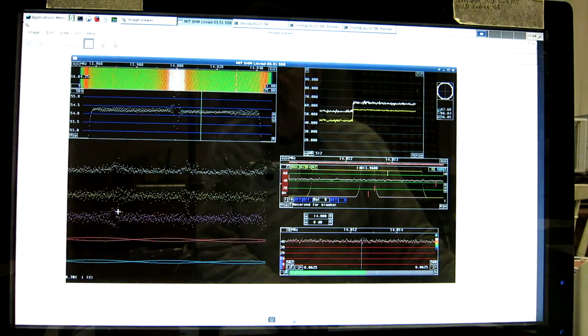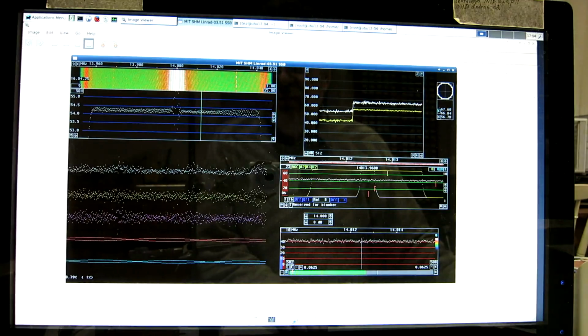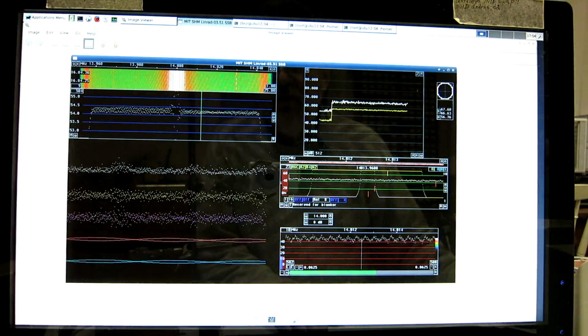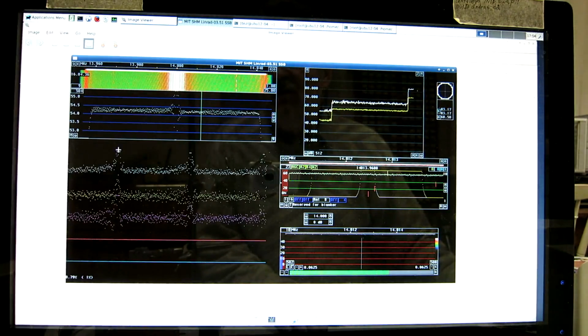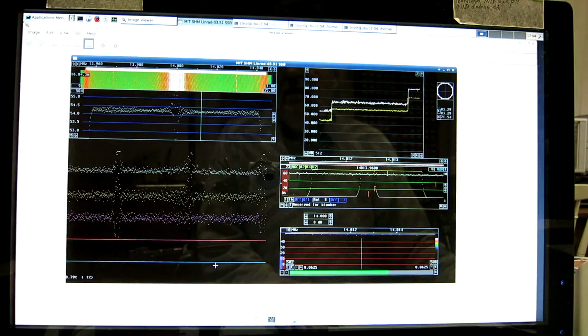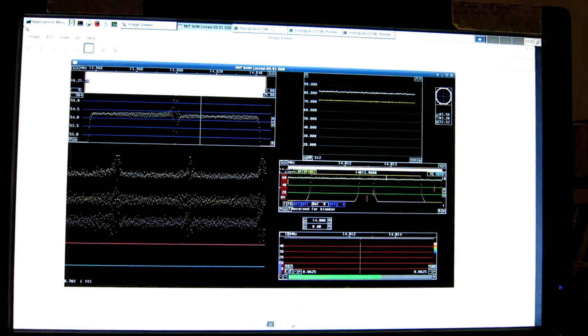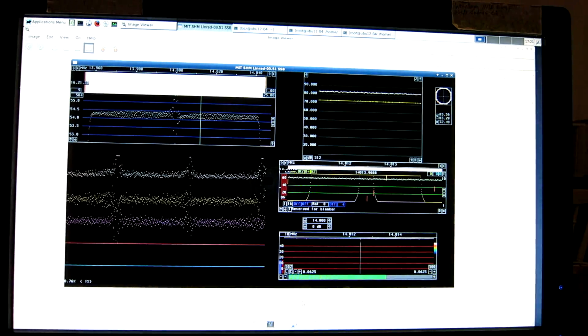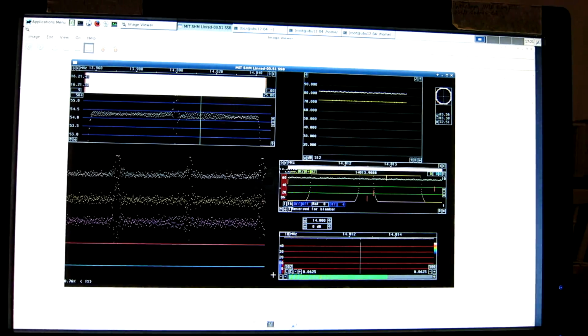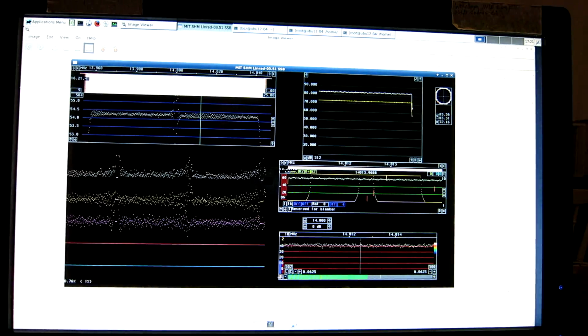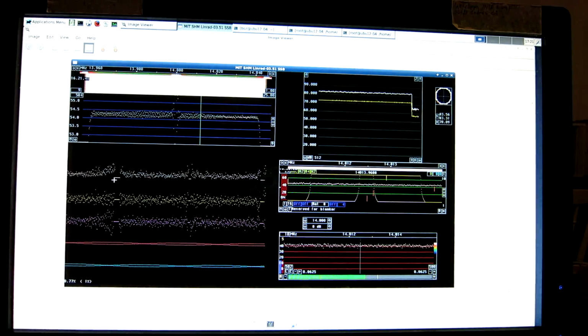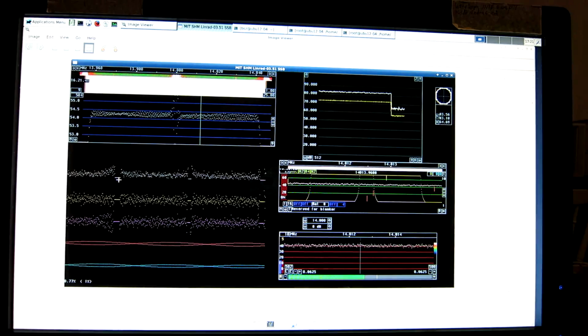You see a lot of noise. Disable the blanker, and you see the pulses. I can show the effect of the dumb blanker. Click the yellow here, and you see it cuts fairly large holes in the time domain.